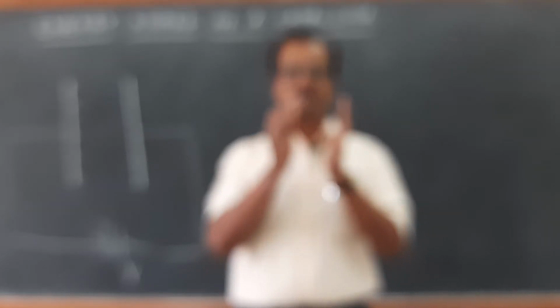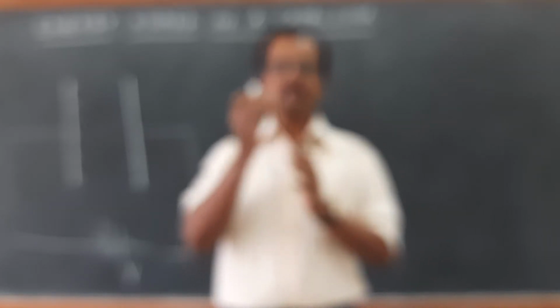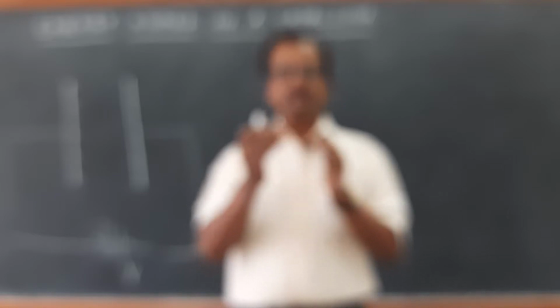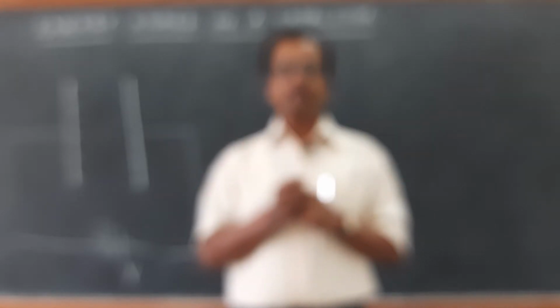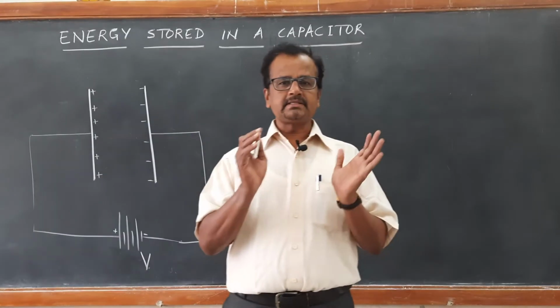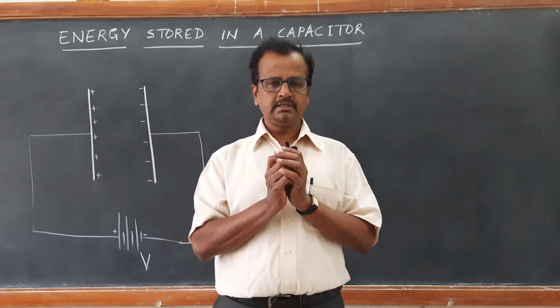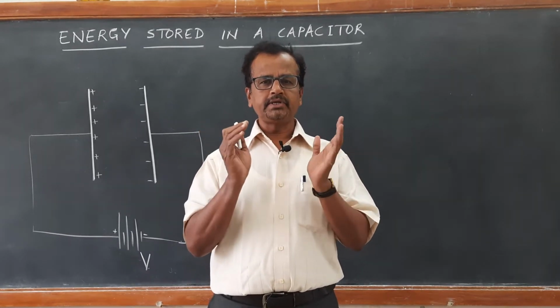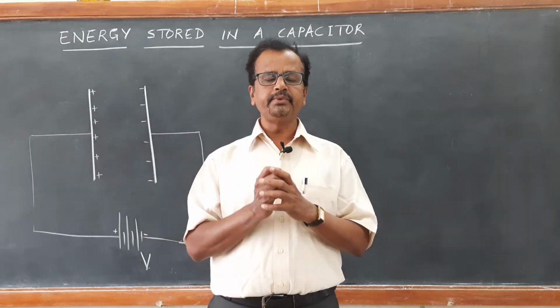When some amount of charge is stored, it develops an electric field, and as a result of the electric field, it develops a potential. So at any instant of time, Q dash is the amount of charge that has developed, leading to potential V dash.